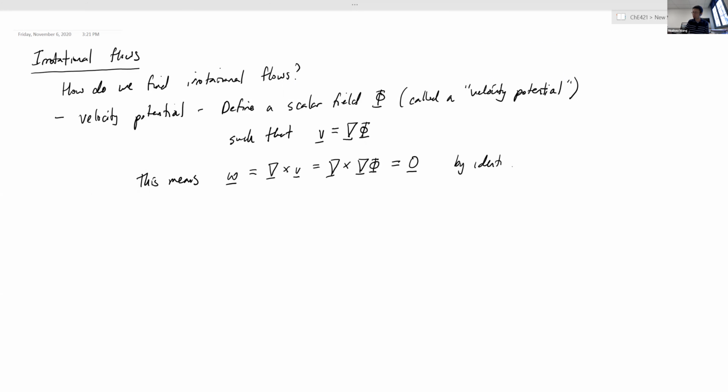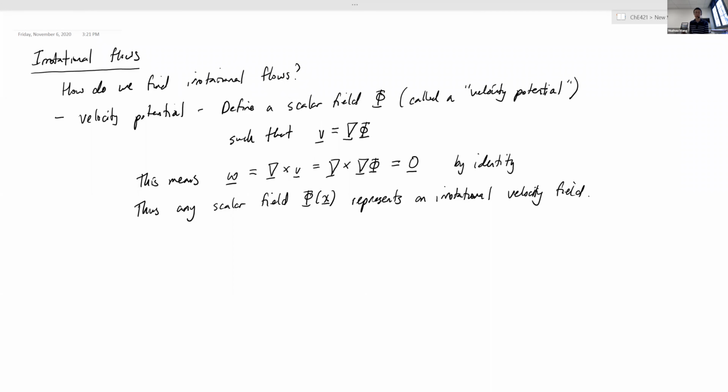By identity. Okay. And so what this means is that any scalar field phi represents an irrotational velocity field.